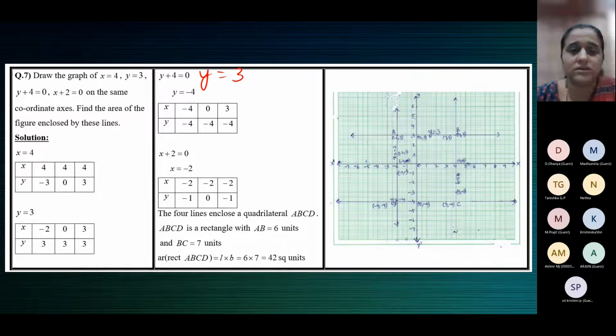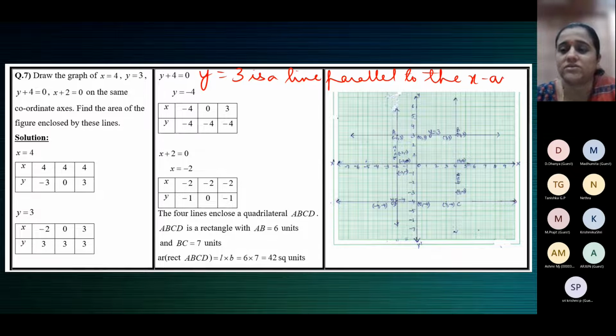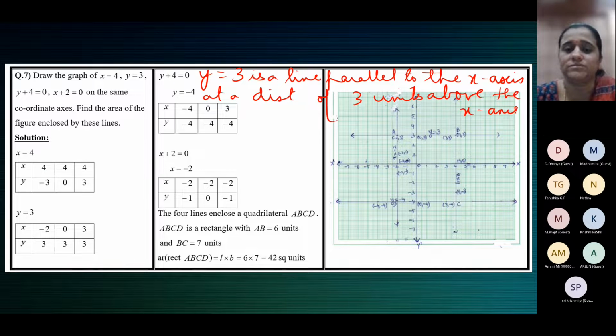Y is equal to 3 is a line parallel to the x-axis at a distance of 3 units above the x-axis. Very good. Madhumita, next one.